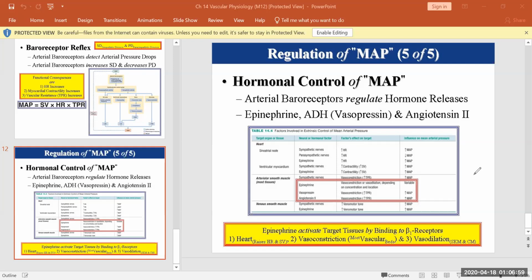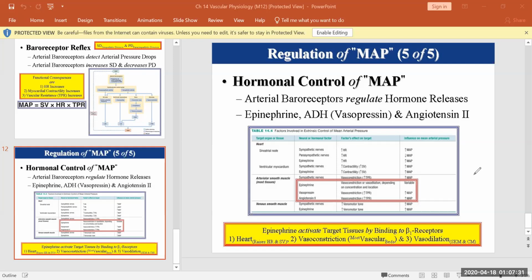So when the sympathetic division is activated, right, we can have norepinephrine released by the postganglionic neurons, or we can have epinephrine released by the adrenal medulla.